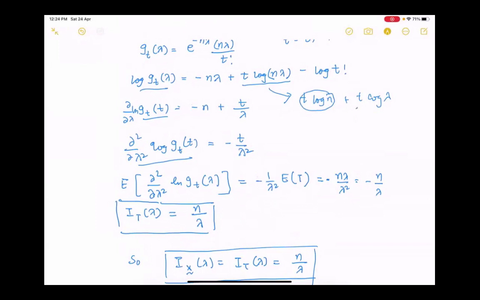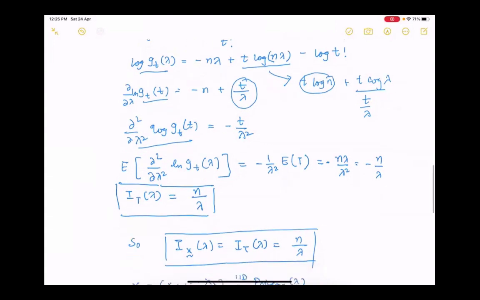And so this part is coming out as t by λ, and hence we have this result here. So when actually calculating, it turns out that it is not 1 by λ, it is n by λ. So sometimes our intuition fails, and this is one example where intuition actually fails.